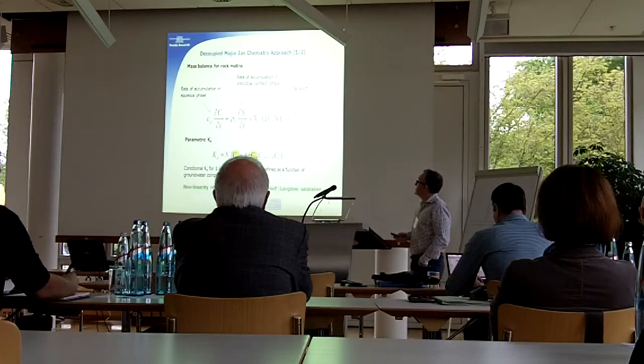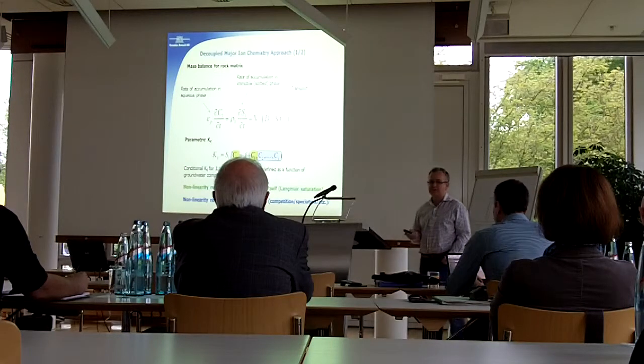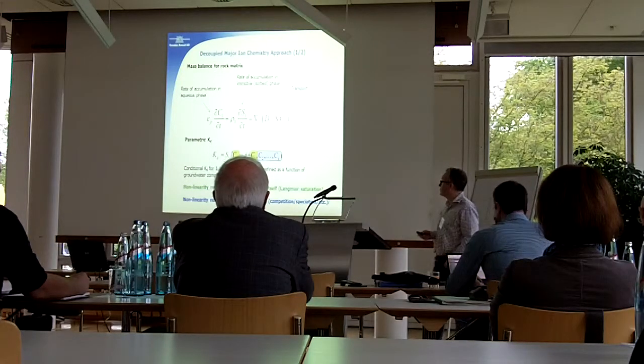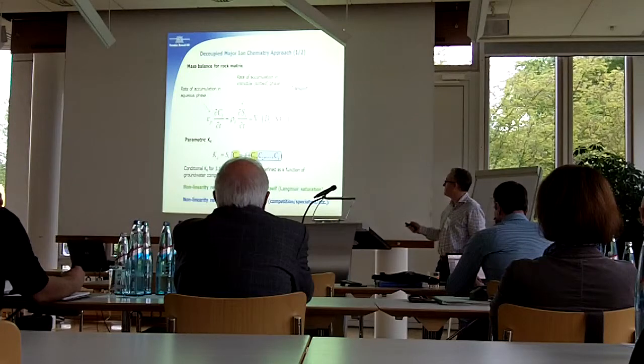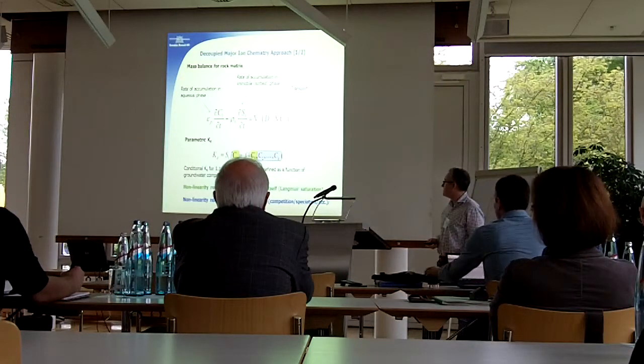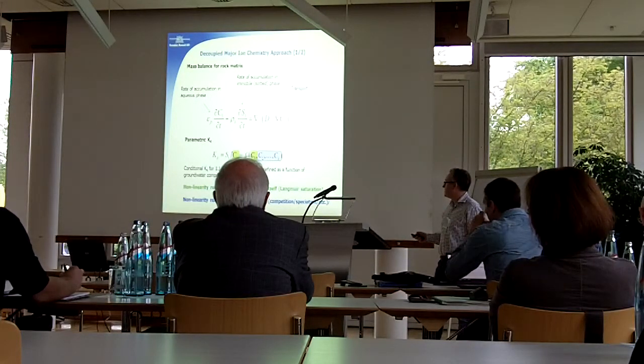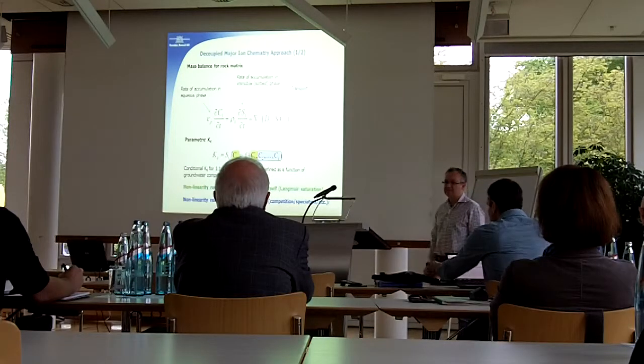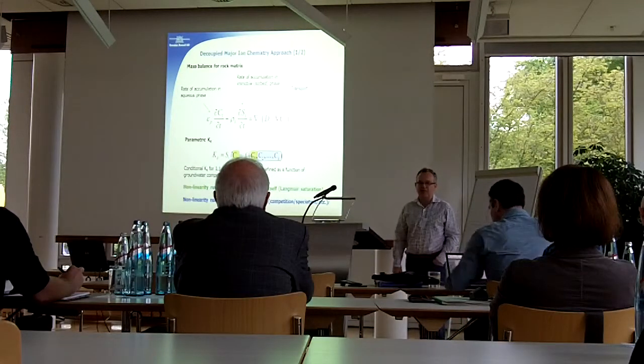So I call this the decoupled major ion chemistry approach, and here is just the normal mass balance you would have for rock matrix. On the right-hand side you have the transport terms, diffusion. On the left-hand side you have the accumulation, both in the liquid phase and in the sorbed phase. KD, of course, doesn't tell you anything about mechanisms.